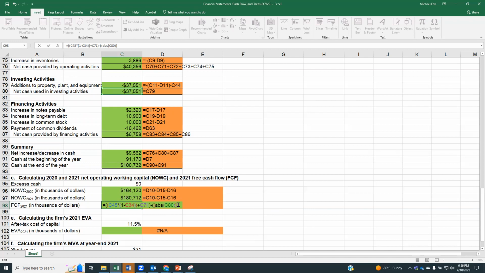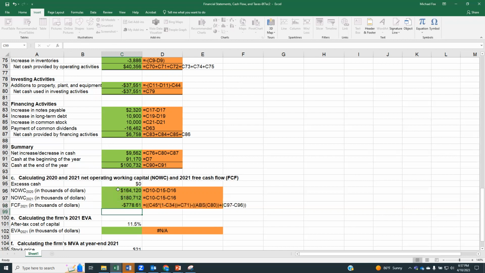I know it's confusing, for purchasing that property, plant, and equipment. Plus, I'll put another open parenthesis, and that's going to be the 2021 net operating working capital minus the 2020 net operating working capital. I'll close that parenthesis and close that parenthesis, and that's my whole formula. That's pretty crazy. I'll leave it there, or you can pause the video so you can see it.